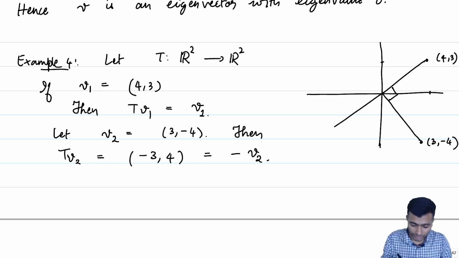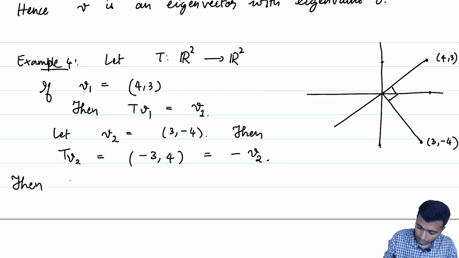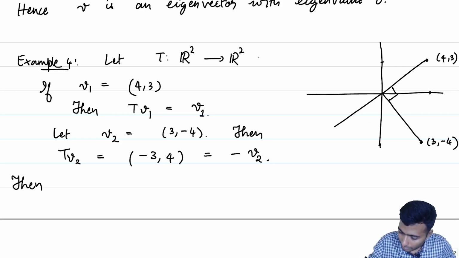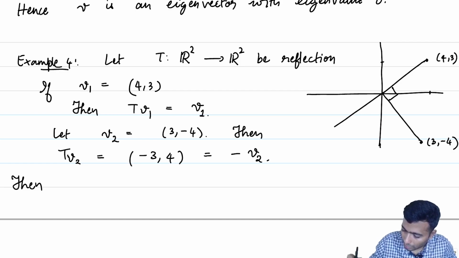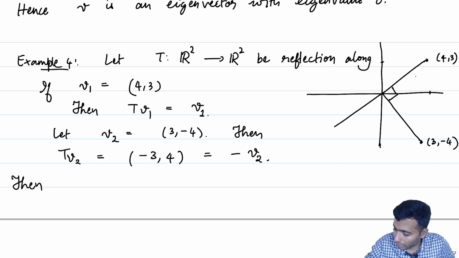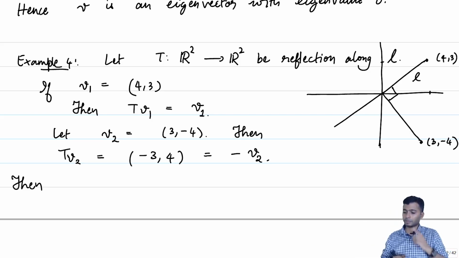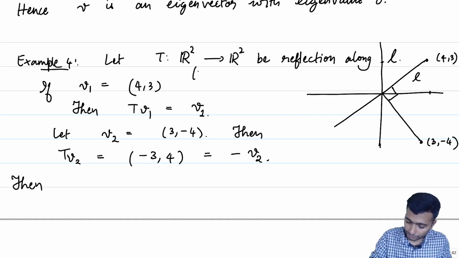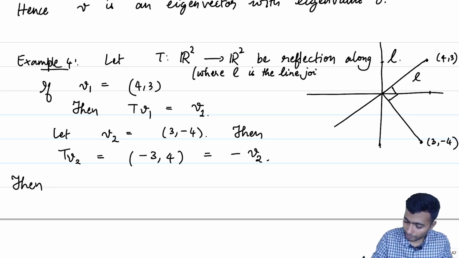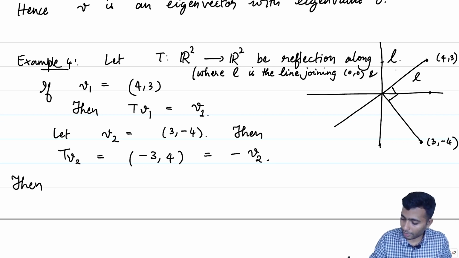So, let T be the reflection along L, where L is the line joining (0, 0) and (4, 3).